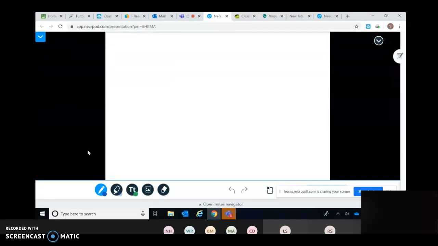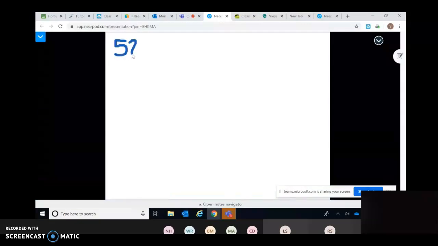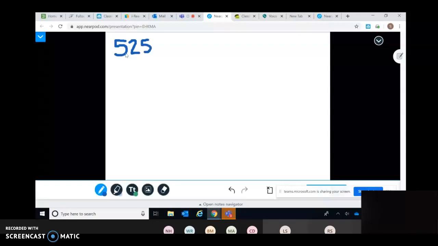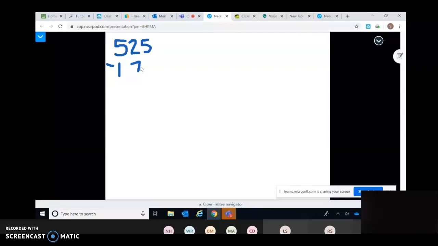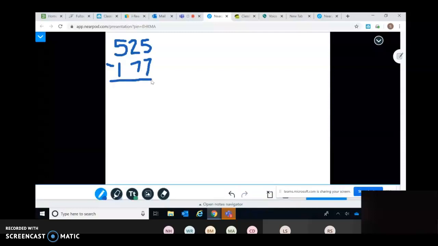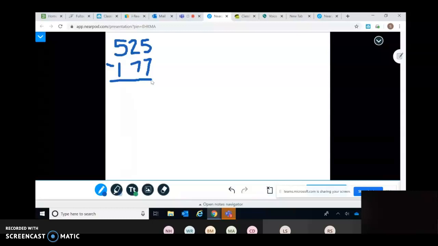So first, let's write the problem down just to remind you. 525 minus 177. And when we say algorithm, sometimes we have to stick to the standard preferred method because that's how we can test it. Okay?